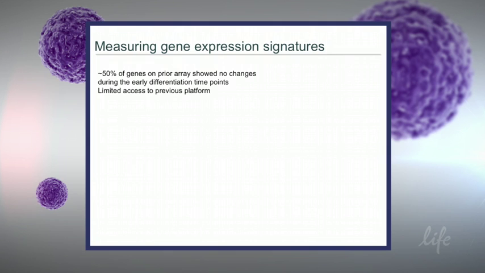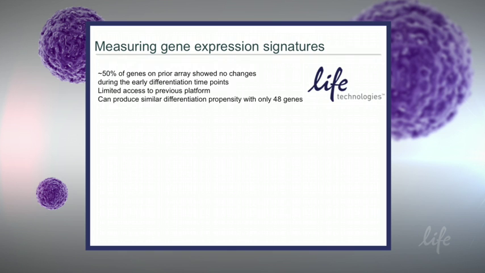All right, obviously there was still some more work to do. A lot of the genes we initially picked didn't show a lot of interesting differences, and also the platform we had used wasn't very widely accessible. So this is where we teamed up with Life Technologies, and as a first pass, we revisited our gene selection and came up with a much nicer gene set of 48 genes that alone already had the same predictive power as the prior set.